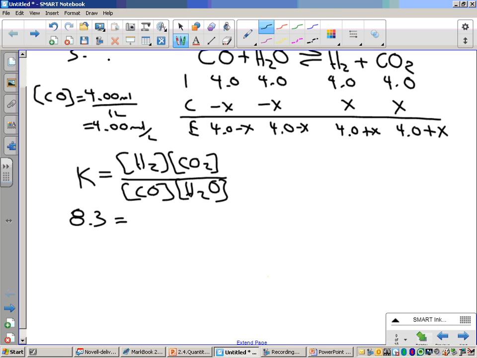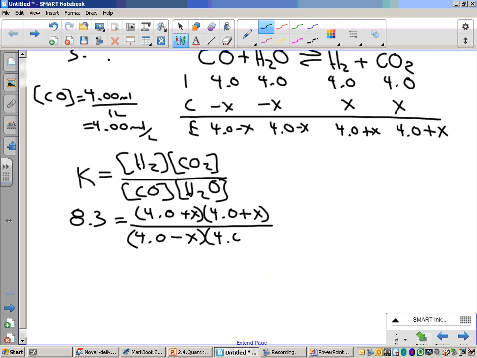So now it's going to be equal to 4.0 plus X, 4.0 plus X over 4.0 minus X, 4.0 minus X. And we've got to solve for X.